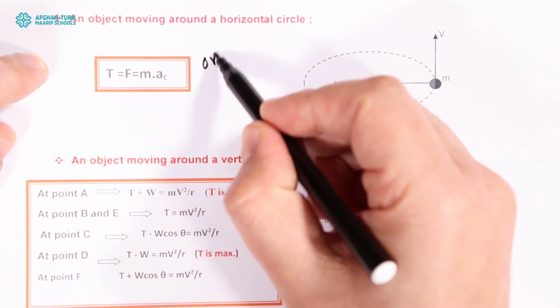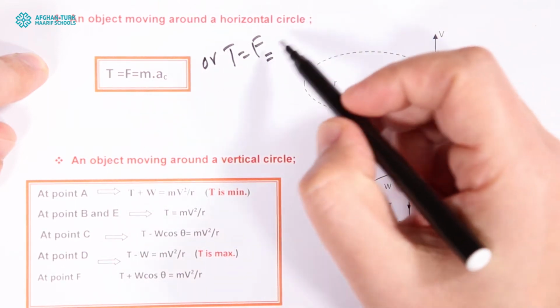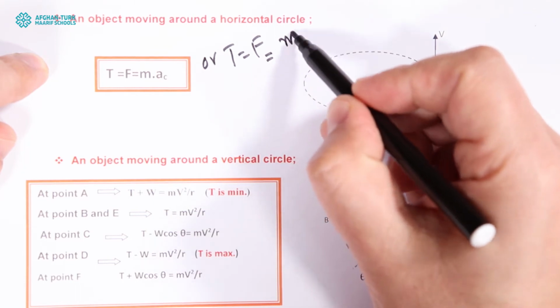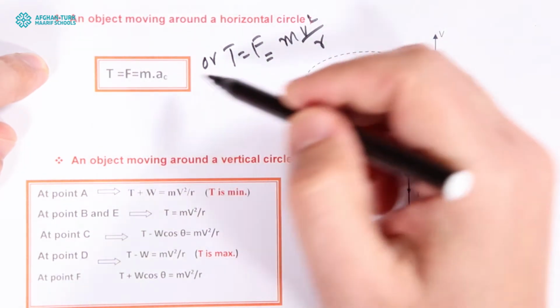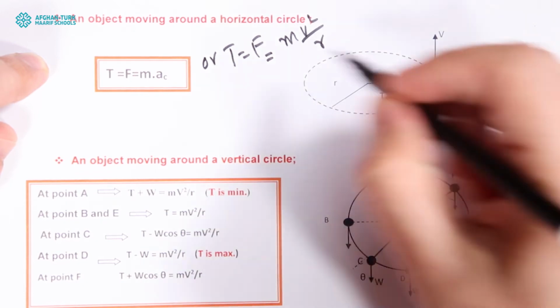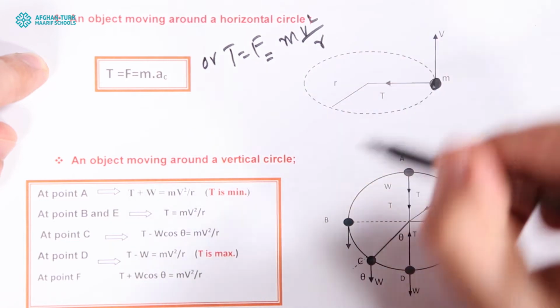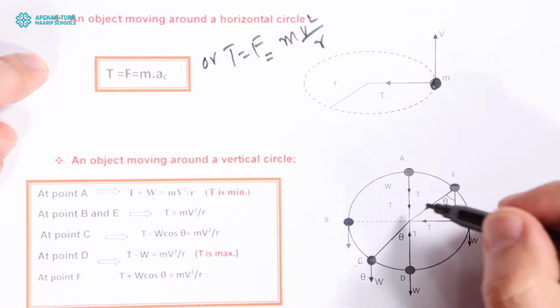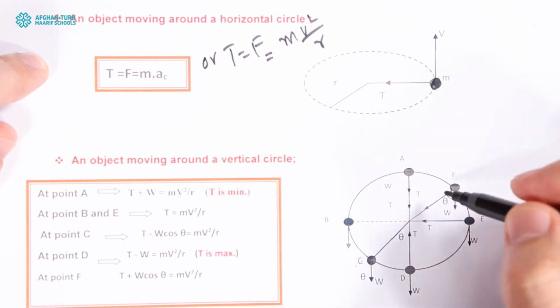Or we can also use T is equal to F, which is equal to mv square by r. But if the object is moving around a vertical circle, this is a different position and a different formula.